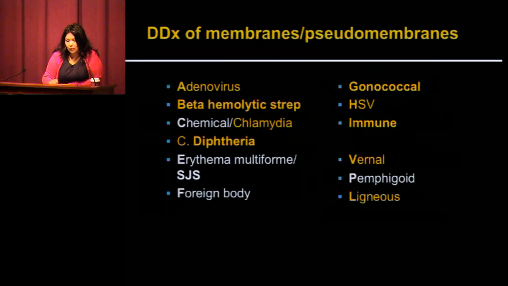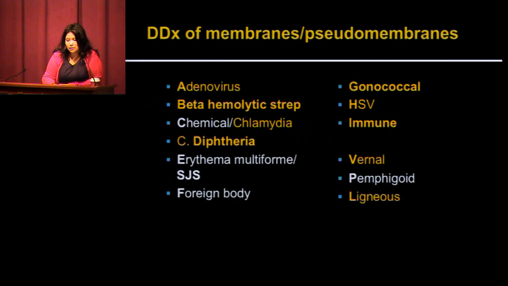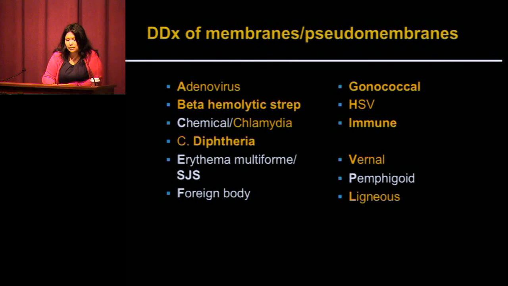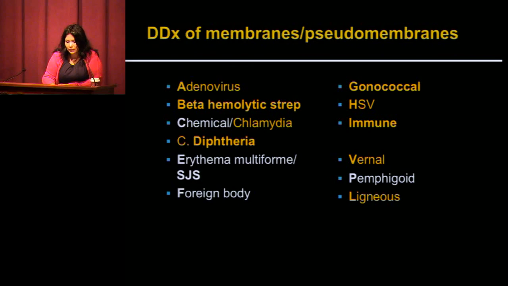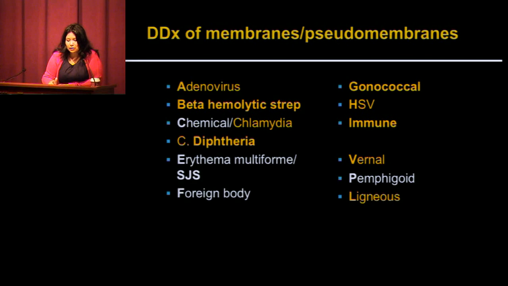All right, so then we go through a little differential here of membranes and pseudomembranes. The ones in yellow, I basically just highlighted because those are the ones that we'll talk about in some detail here. And the other ones I think are going to be covered in your other lectures. So again, this one is just a little mnemonic, and maybe you guys can help me out, but it's A, B, C, D. You see A through I to sort of remember. So you got the adenovirus, beta hemolytic strep, chemical or chlamydial.